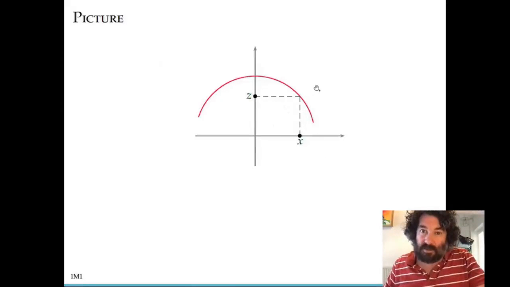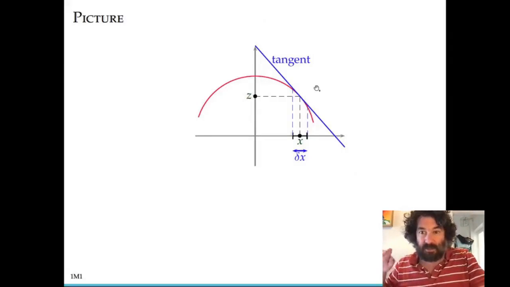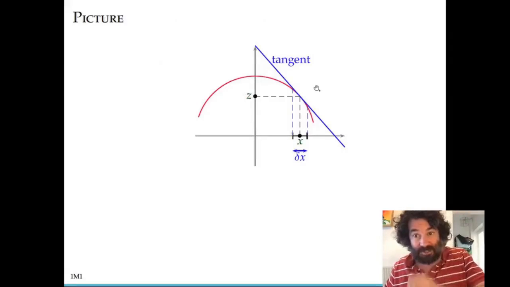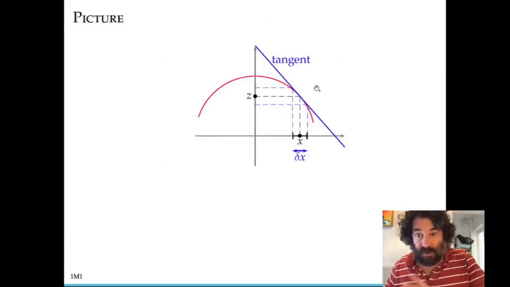But then suppose there's some error in x, so we know x is actually within some interval with half width delta x. Then we'd estimate the size of the error in z by projecting that interval up, as shown, onto the tangent line to the graph, and then over onto the vertical axis to give the error in z.